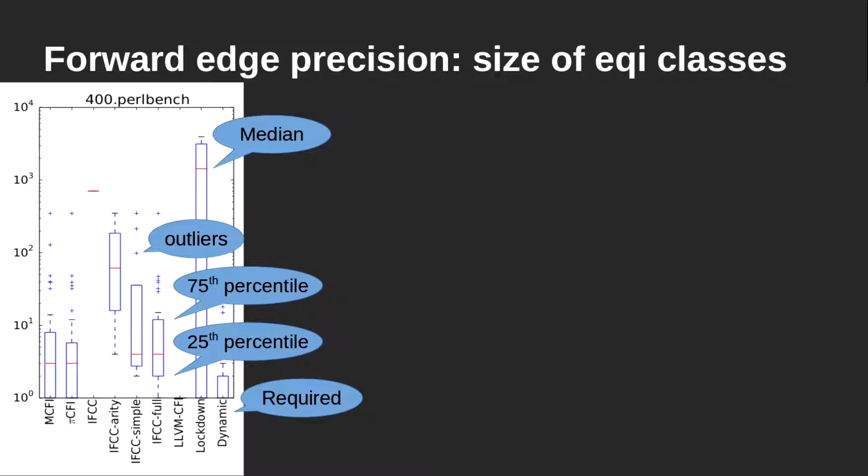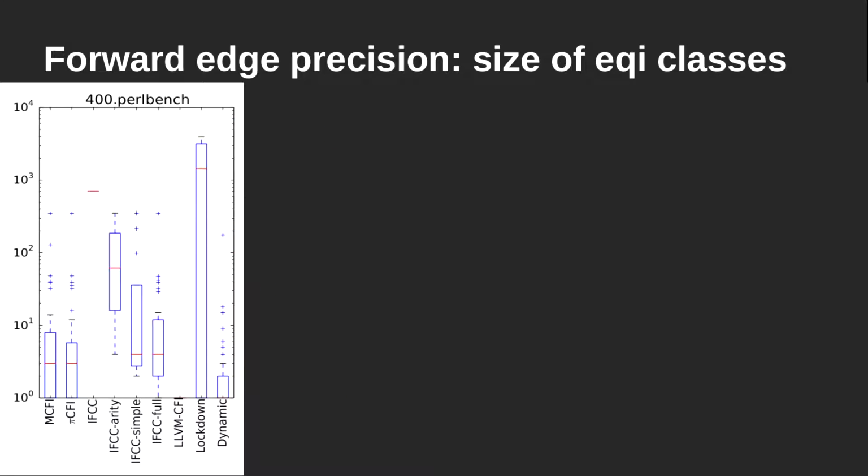The different CFI policies are on the x-axis, and dynamic shows the amount of possible targets that are actually required at runtime. So we executed all these programs and measured how many indirect control flow transfers are actually used and how many locations.